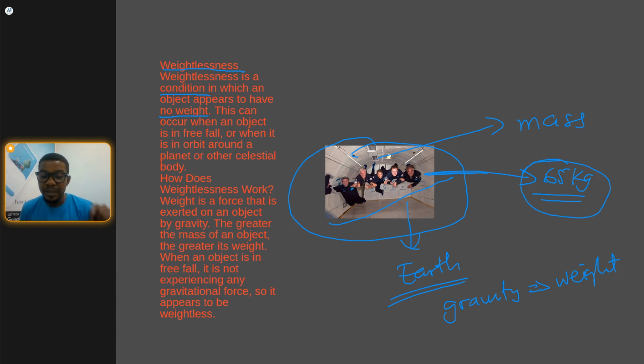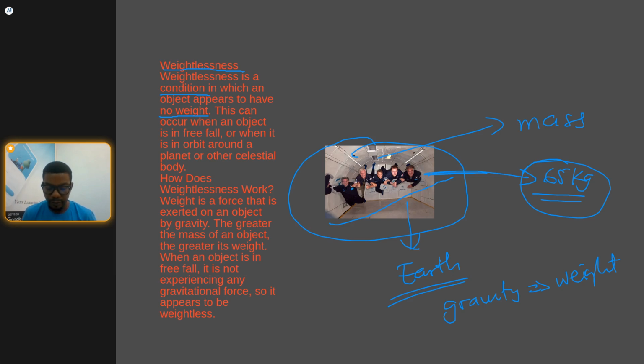So the mass remains the same, but the weight is changing based on location. So weightlessness is the condition in which an object appears to have no weight. So that's a simple definition of what? Weightlessness. Okay, so I believe that is clear to us.